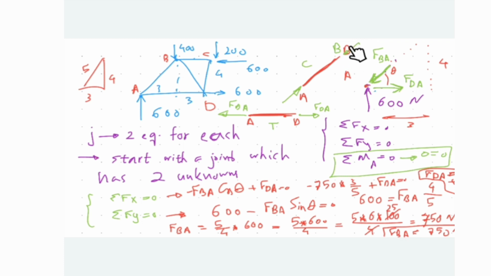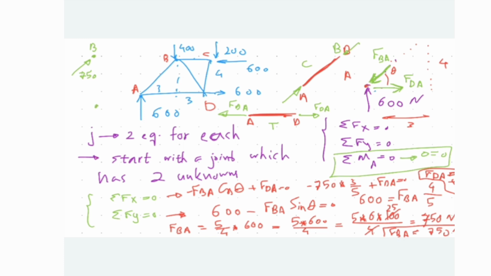This is what the pin B is applying on this guy. Then the reverse of this guy will be applied on point B, meaning that if I do the free body diagram of point B, I know that the force is applied in this direction. This is a known force, and the magnitude of that is 750.